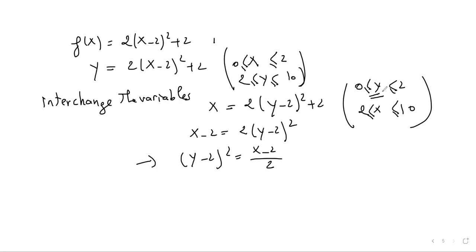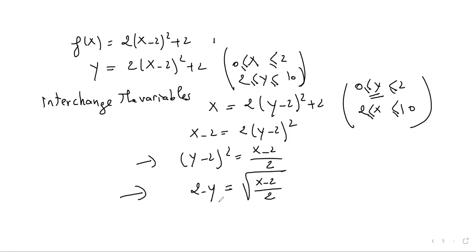So y is less than 2, then this one is negative. y minus 2 is negative. If I take the square root of both sides, you write 2 minus y directly, you change it. 2 minus y is equal to the square root of (x minus 2) divided by 2.